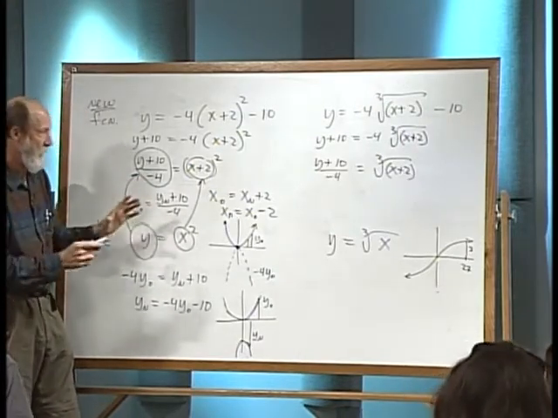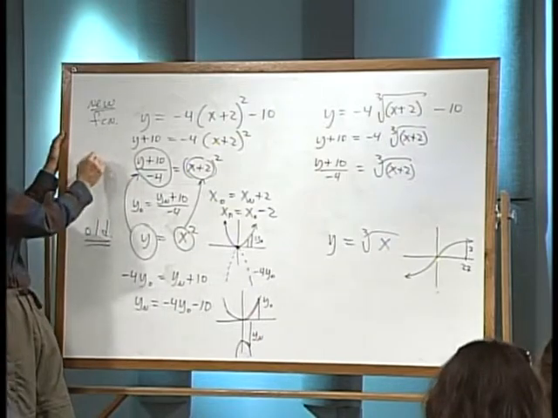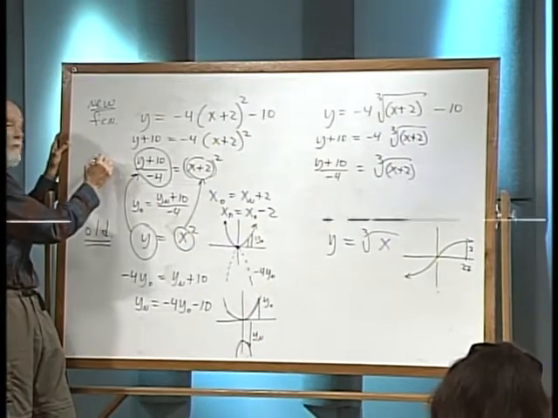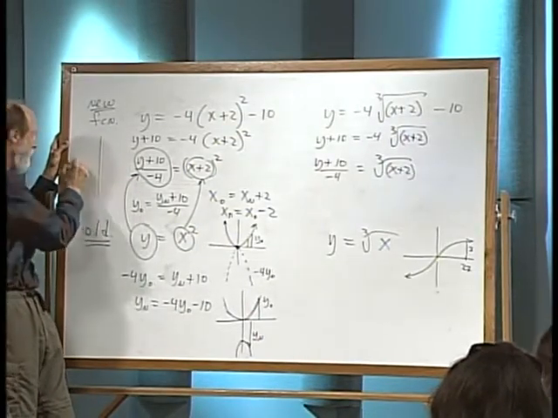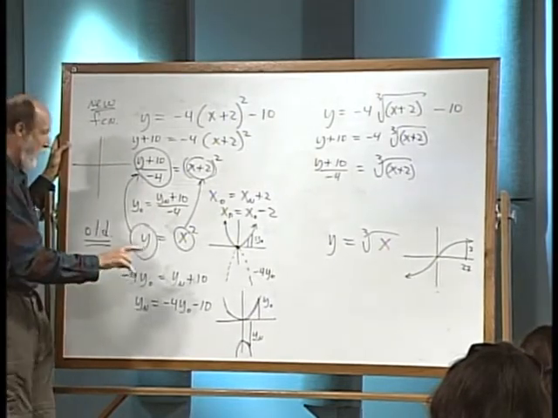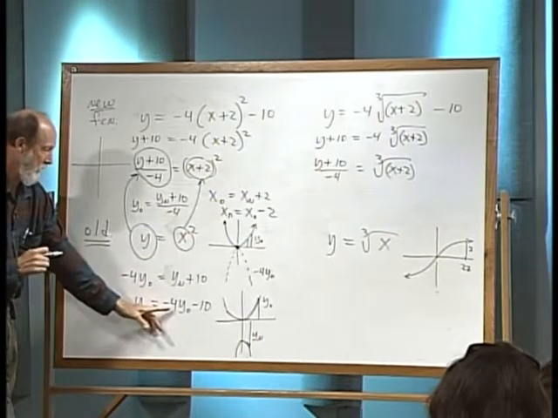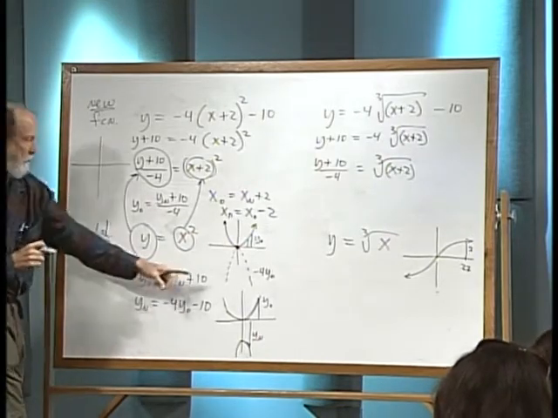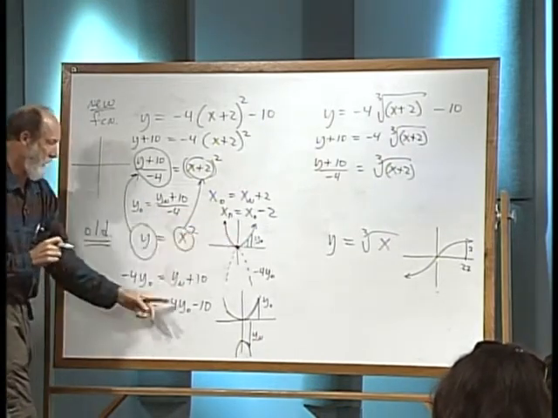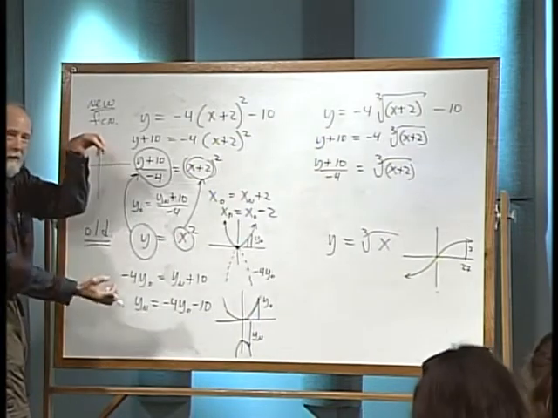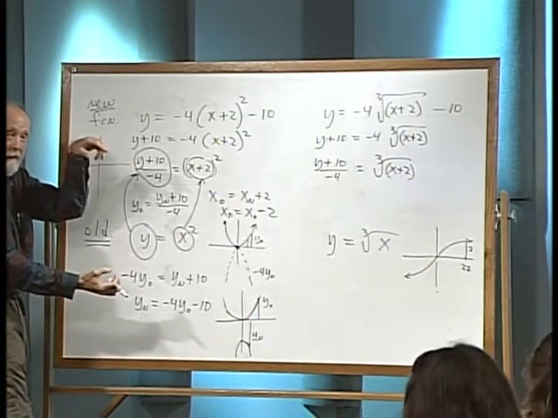So what we've got, in a quick sense, is I'm going to distort my graph by realizing that I have to take the old y readings on my simple parabola and make them 4 times as great and negative.